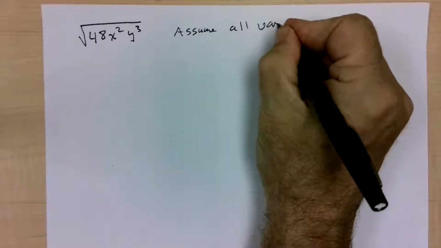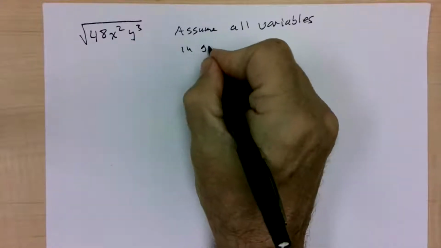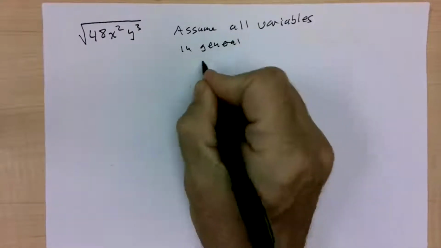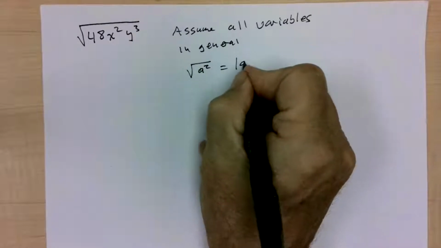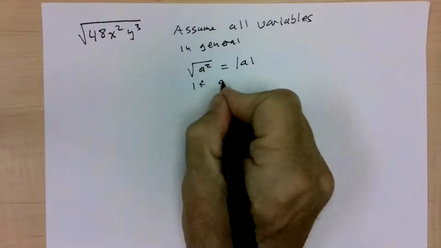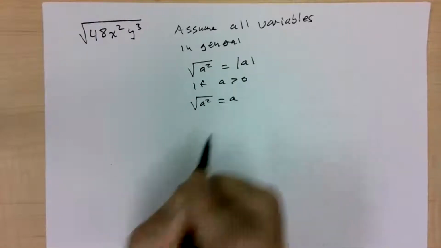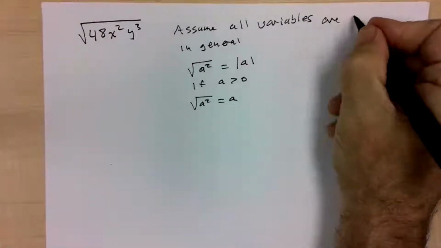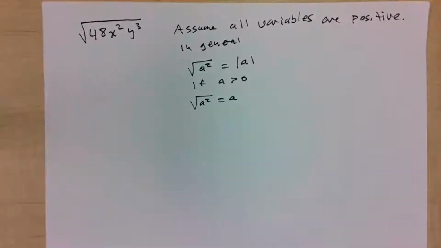Be careful with this. Recall, in general, the square root of a squared is the absolute value of a. But if a is positive, the square root of a squared equals a. So we're going to assume all variables are positive, so we don't need to concern ourselves with that.